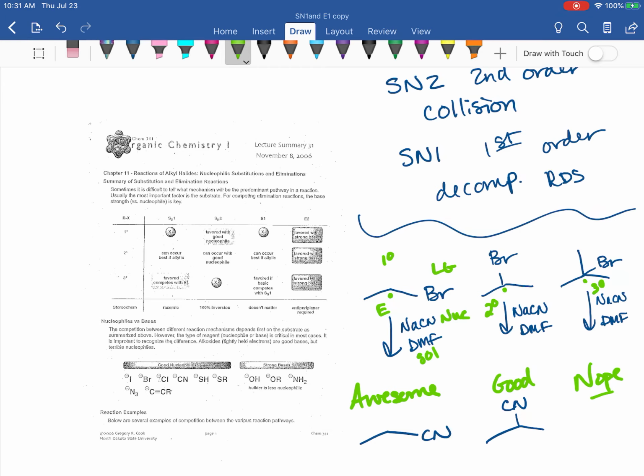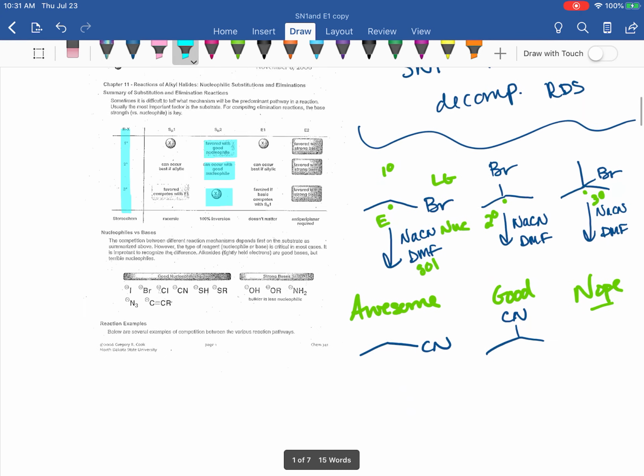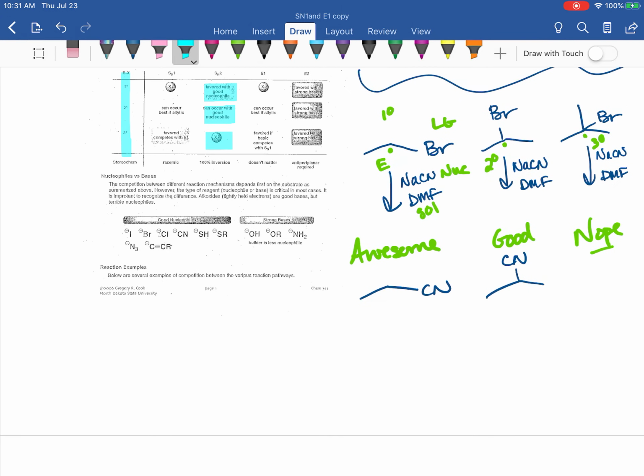That was nice and blocked. So what we're doing is kind of working our way through our electrophiles and figuring out which reactions work and don't work.